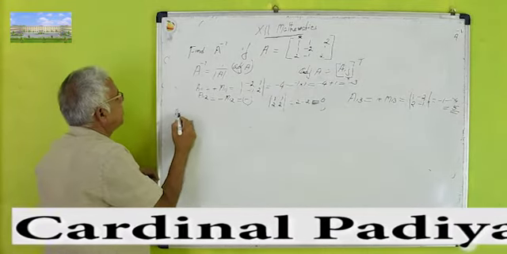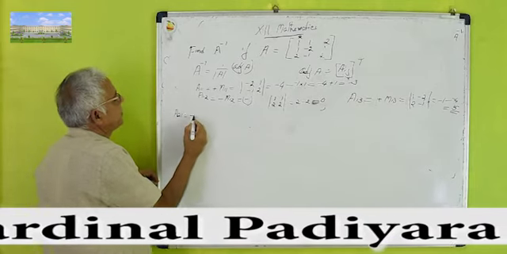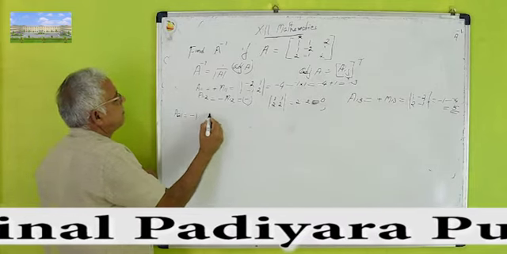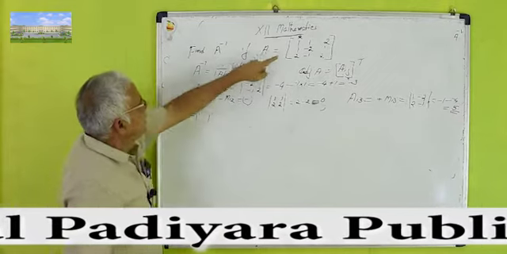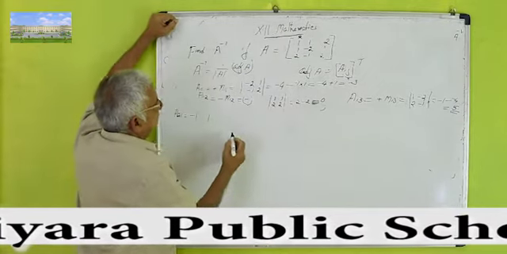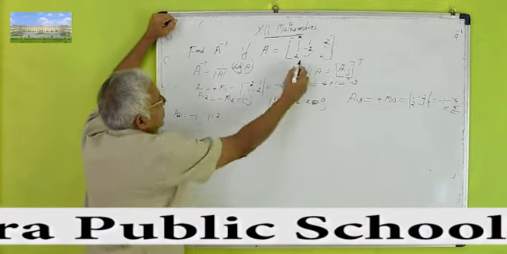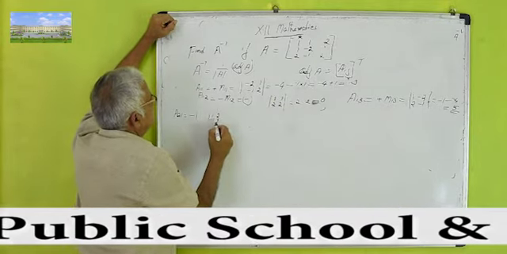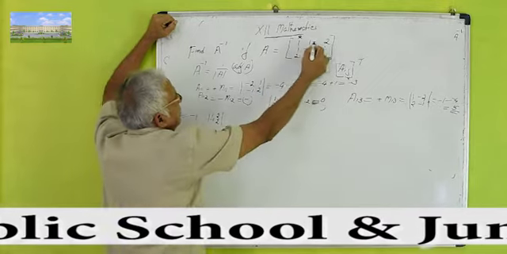Similarly, A21: the sign is negative, into M21. Delete the second row and the first column. Then we get the determinant 1, 2, -1, 2.